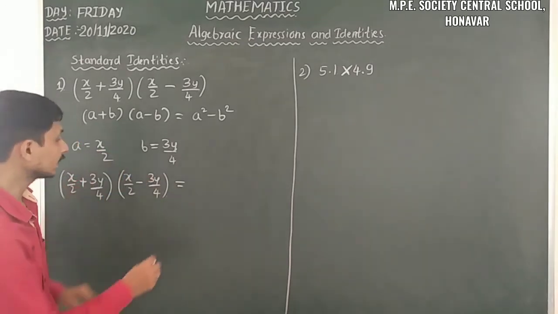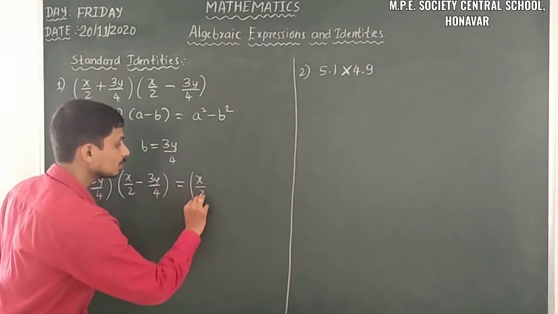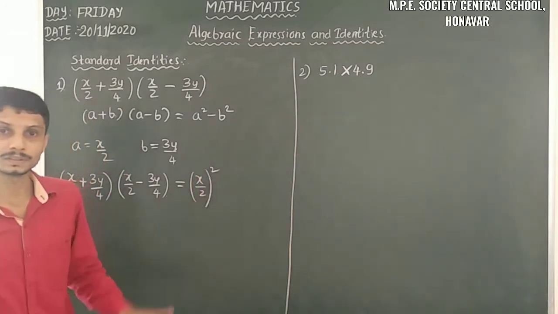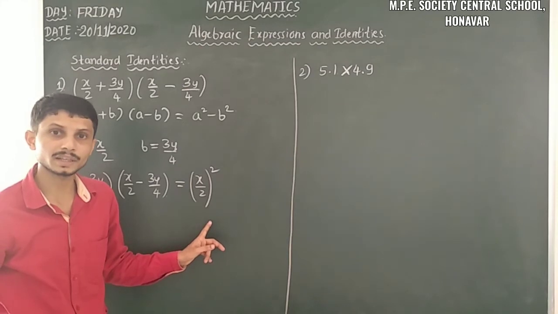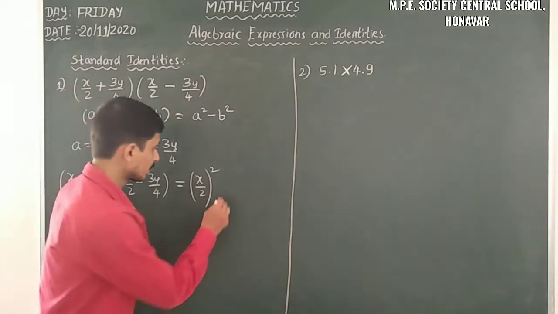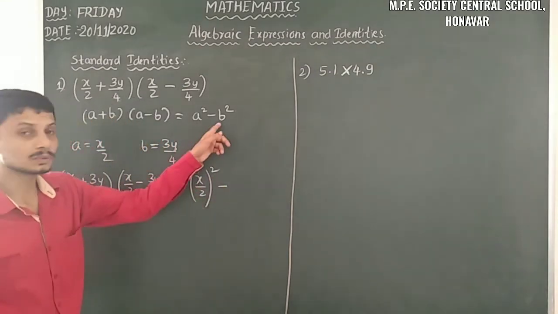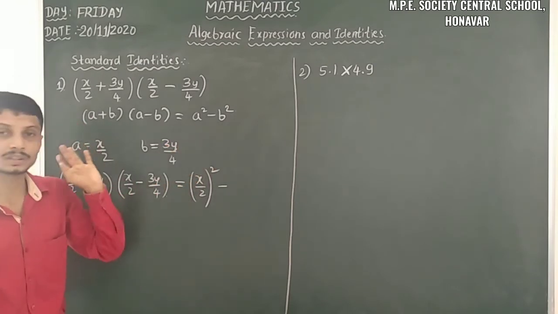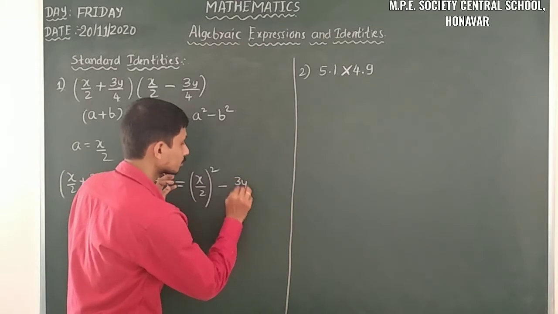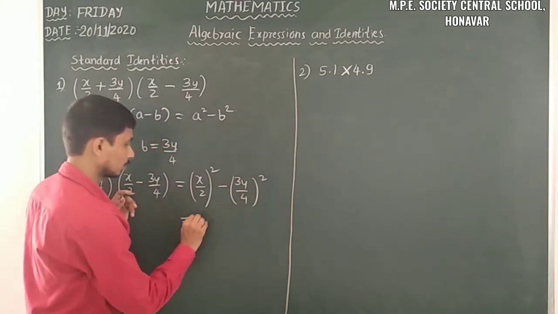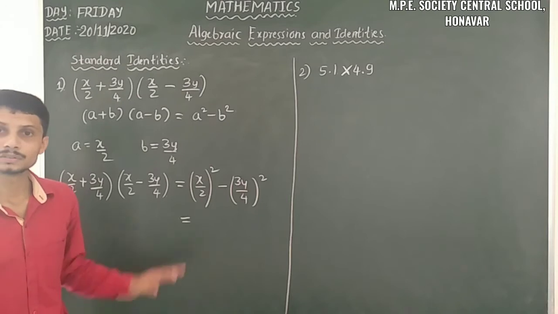So x by 2 we have to take whole square; this square belongs to the x and the 2 also. Then minus b square, in place of b we insert 3y by 4, so 3y by 4 whole square. Then we have to simplify.